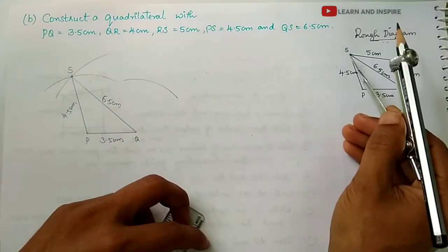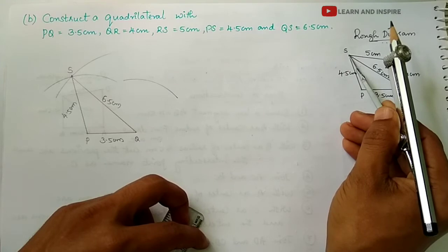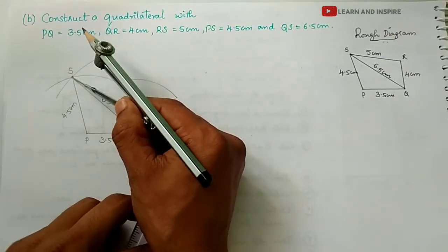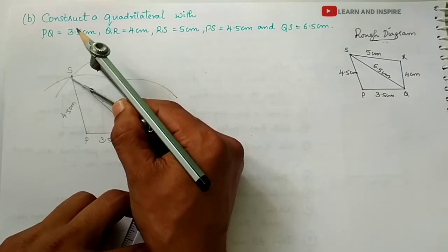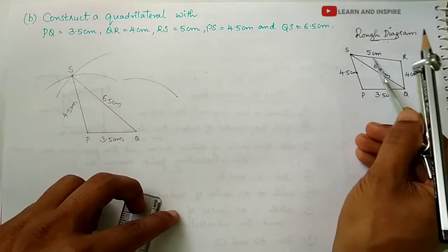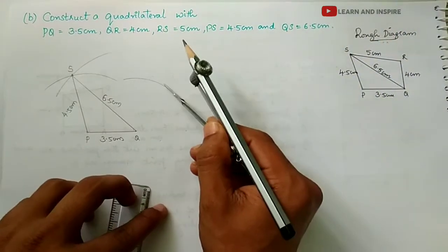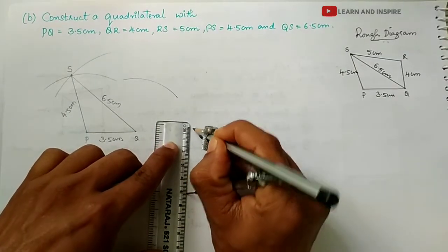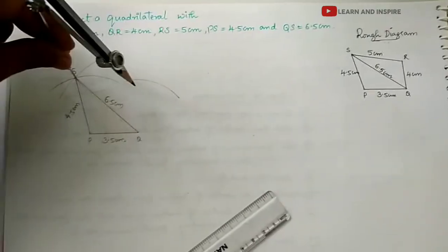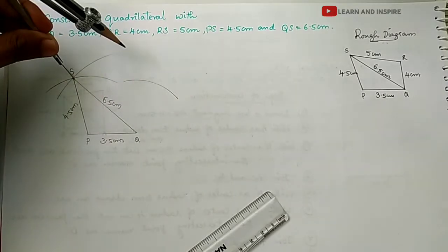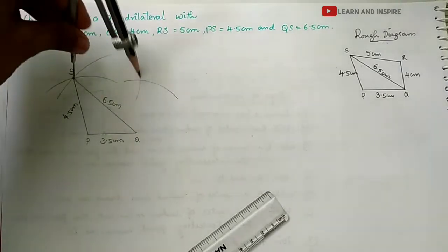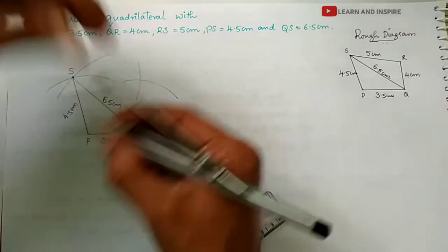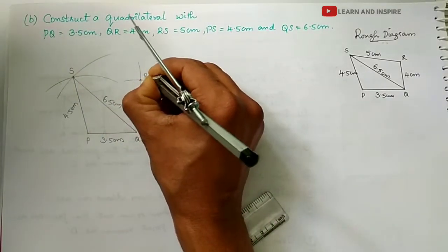Okay, now from point S, which we have already named, from center S of radius 5 centimeters, we can cut this arc. Take 5 centimeters radius with this S as center, cut the previous arc and the intersecting point name as R.